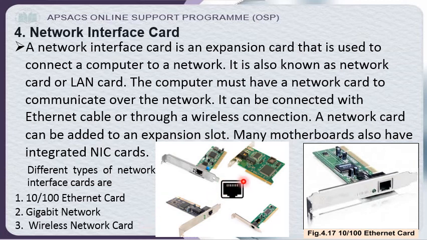This is known as a network interface, or it is also known as the RJ45 port. The connector which is used for connecting a wire to the network interface card is known as the RJ45 connector.